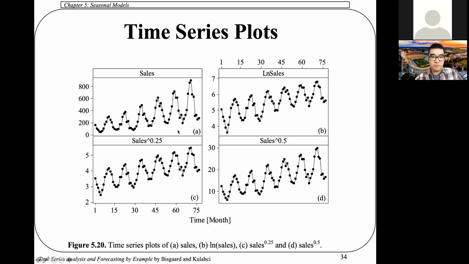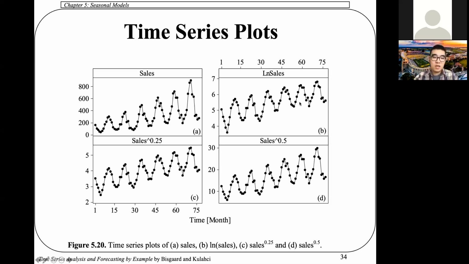What can you see from these transformations? The sales is definitely not very good. We see that the variance becomes larger. For the log transformation, you can see it is also not very good. It seems to me that the variance becomes smaller.